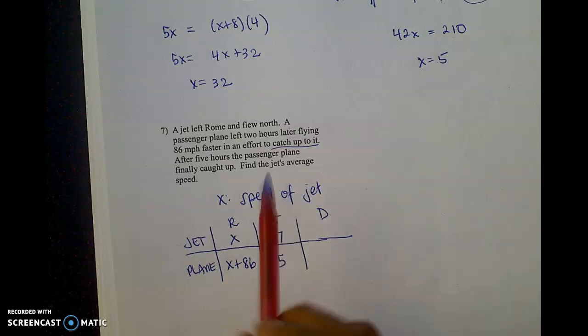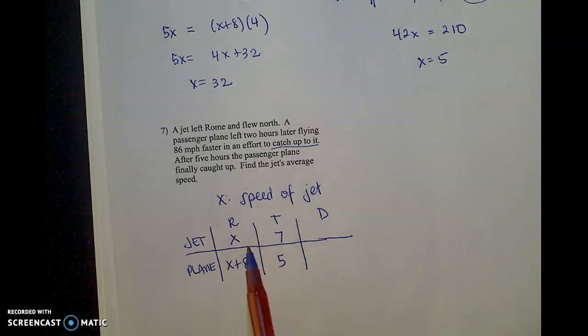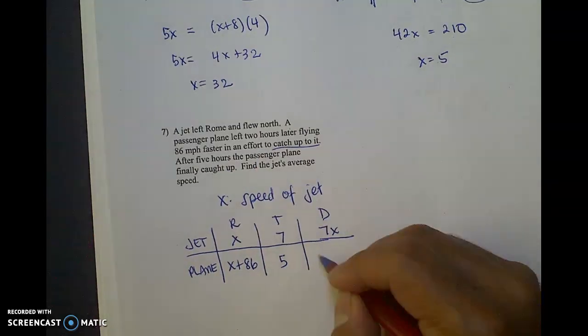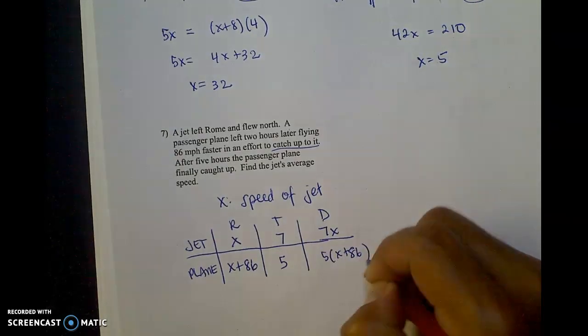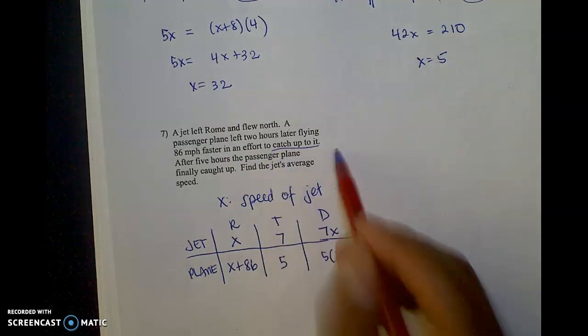So the passenger plane was traveling for 5 hours, and the jet was traveling for 7. Distance is rate times time. Again, it's another situation of catching up.